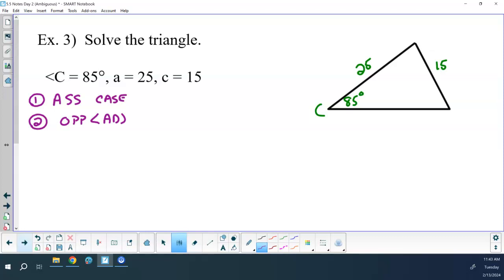Find the height first, right? So H is going to equal the adjacent side, which is 25, times the sine of the given angle, which is 85. What is 25 sine of 85?